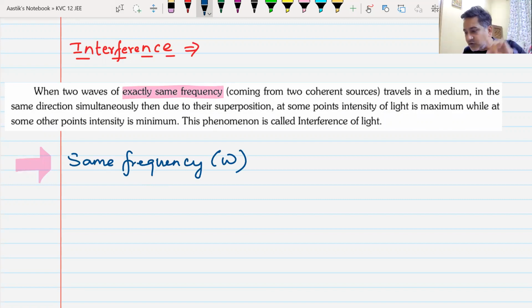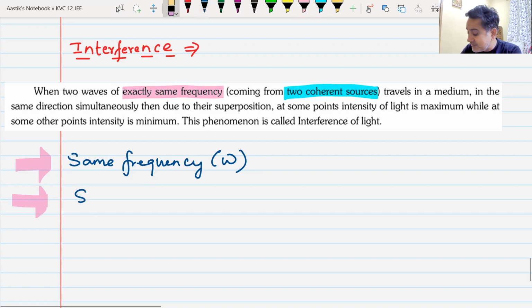The two waves that we had superimposed had the same omega. Same frequency, coming from coherent sources. We will do coherent sources in the next class.